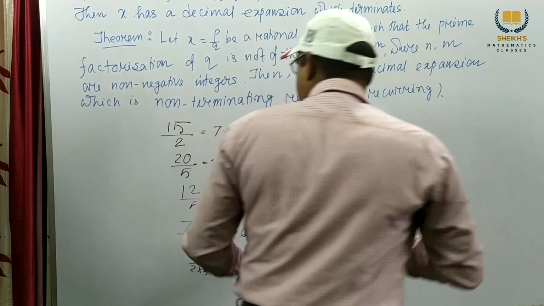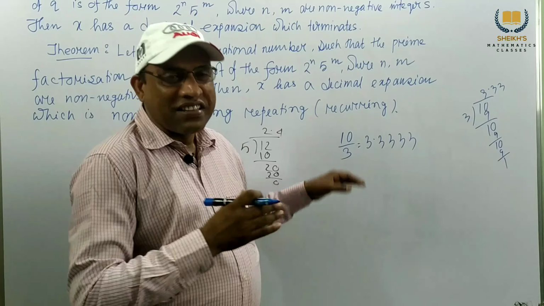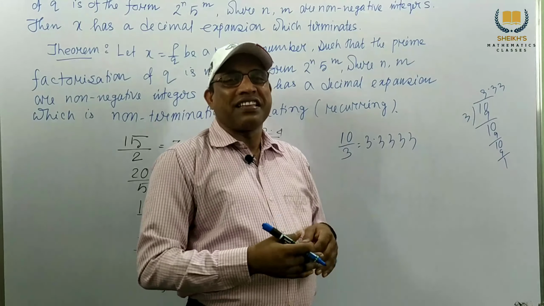Again we get 1, here we write 0, again this will continue, no ending digits, the number is repeated. So this is non-terminating, it has no ending digits, it will go up to infinity. This 3 3 3 3.